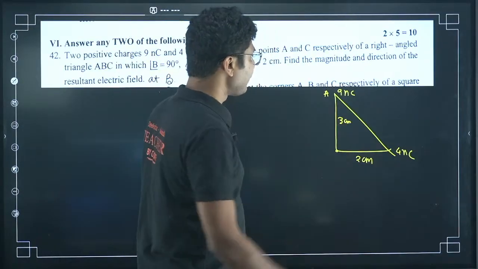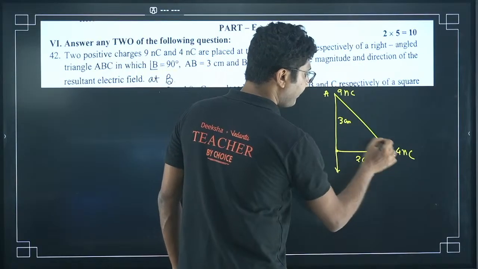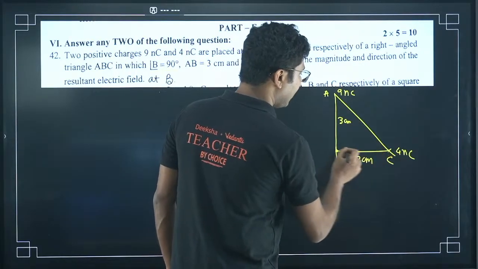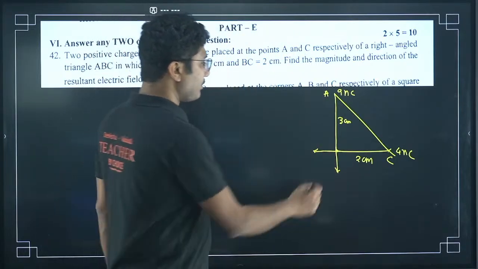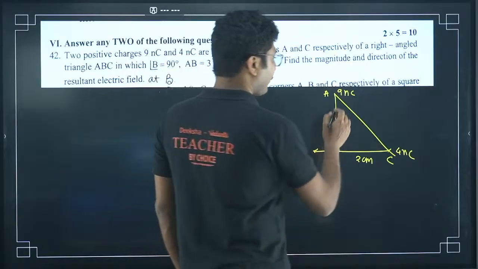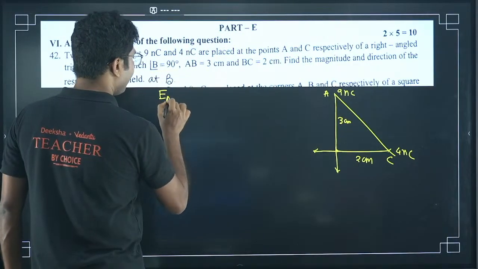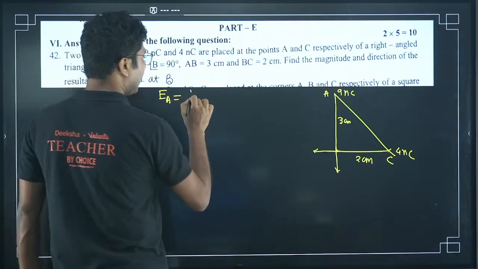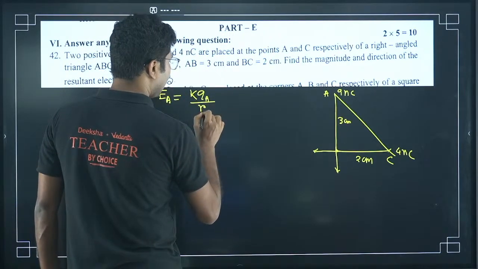So electric field due to A will be in this direction. Electric field due to C will be in this direction. The resultant will be somewhere in between. So that's what we will do. First of all, electric field due to A will be given by K QA by RA square.